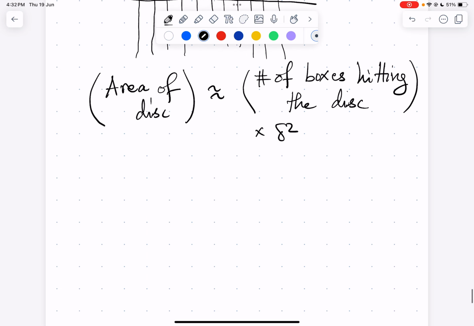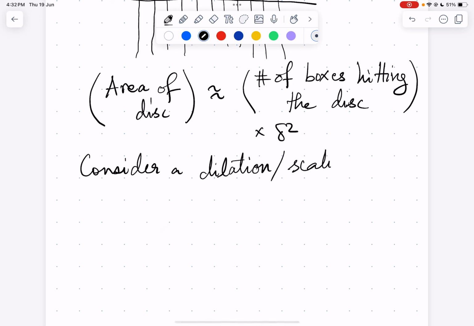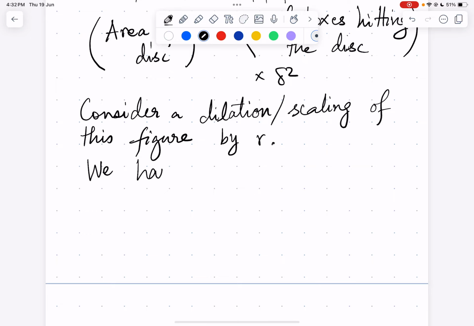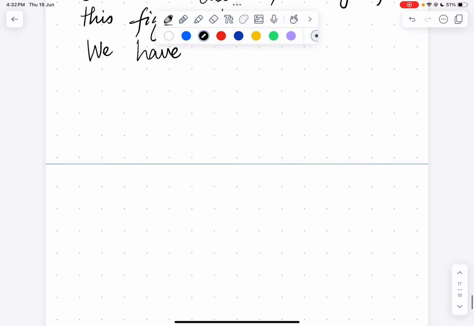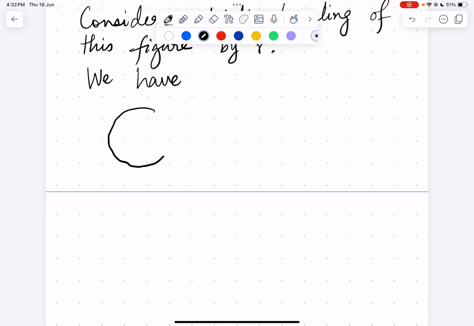Now consider a dilation or scaling of this figure by R. We have the original unit disk, and we have approximated it using small boxes of side length delta.